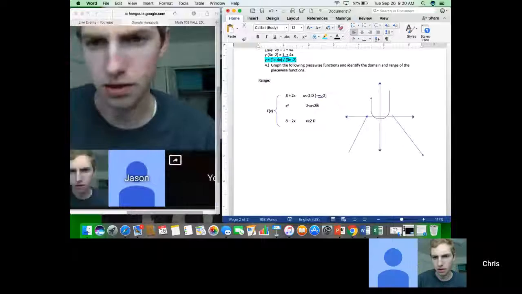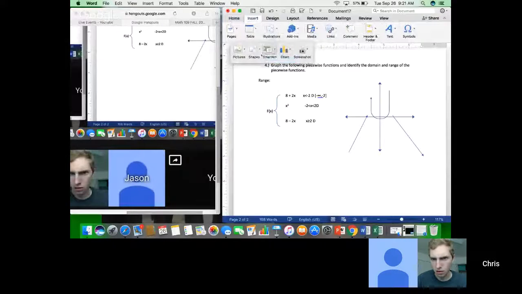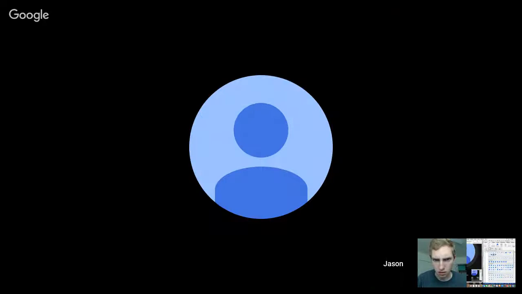Yeah, and then do we need to have closed circles and open circles? Yes. So it looks like this one has a closed circle because it includes the point. So let me see if I can add that. And they should also be touching, right?